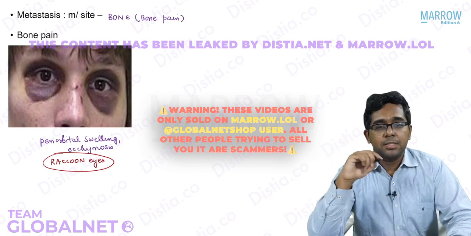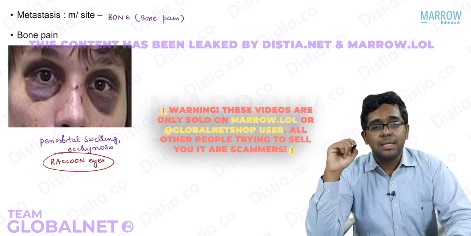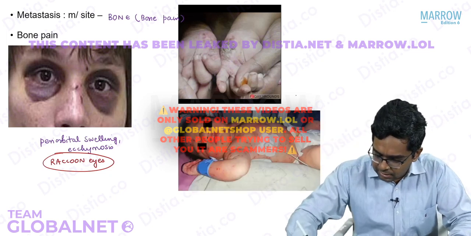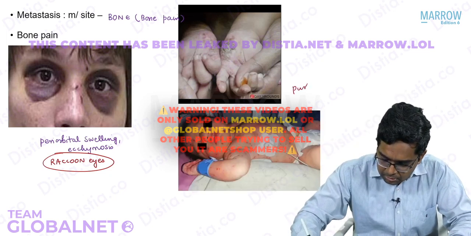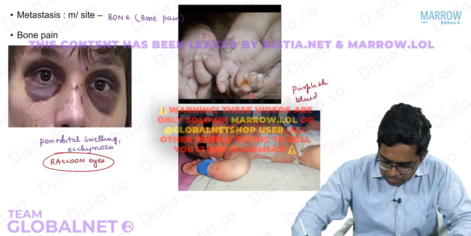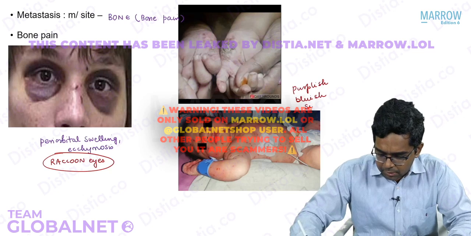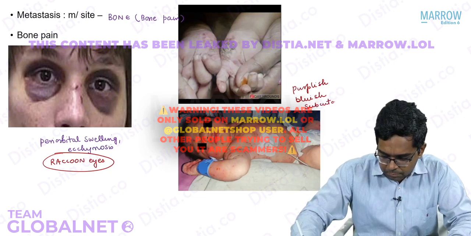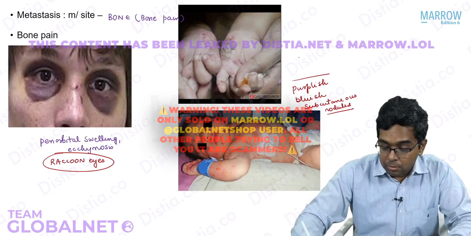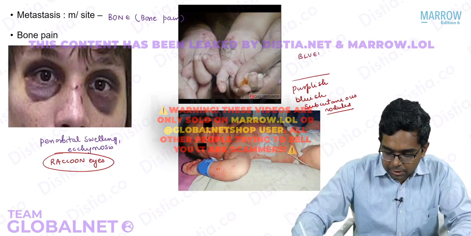The other set of presentation is related to metastasis in the skin, where you can have lesions like this, which are purplish or bluish subcutaneous nodules, like what you are seeing in the picture, and this is called blueberry muffin lesions.